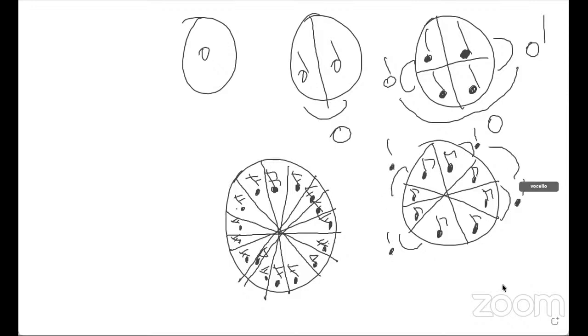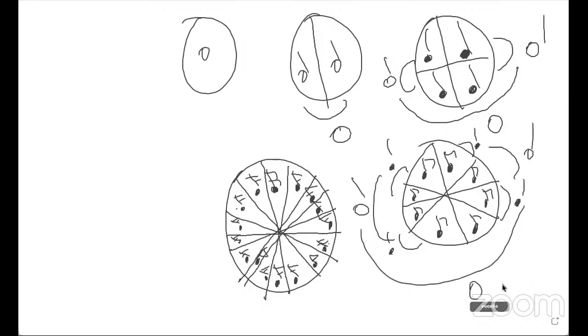Two quarter notes are equal to 1 half note. And 2 half notes are equal to 1 whole note. So everything ends up on the whole note, on the summation. 2 sixteenth notes are equal to 1 eighth note.